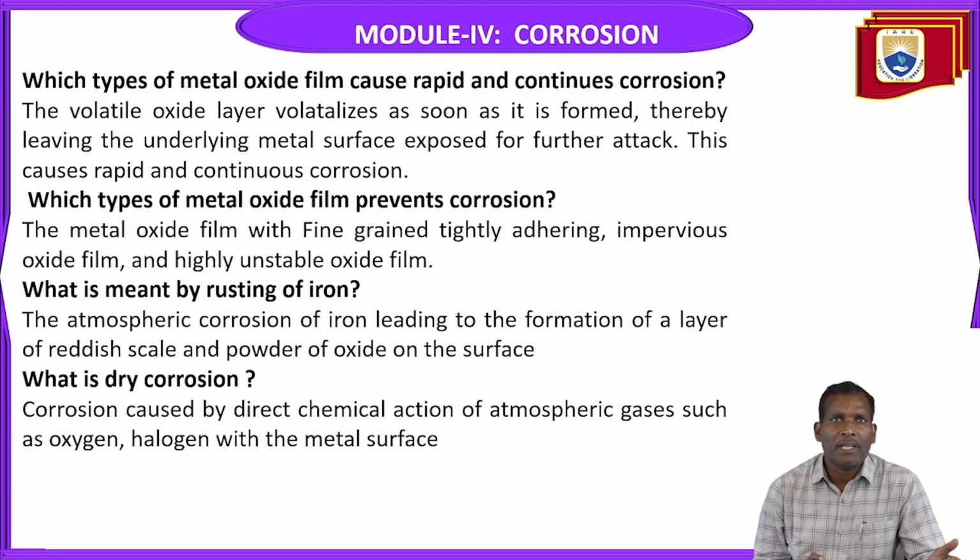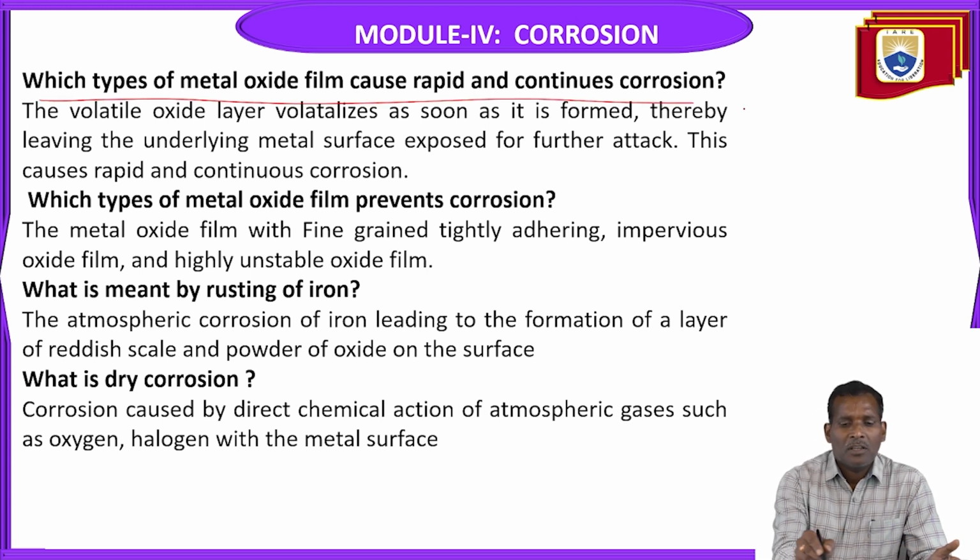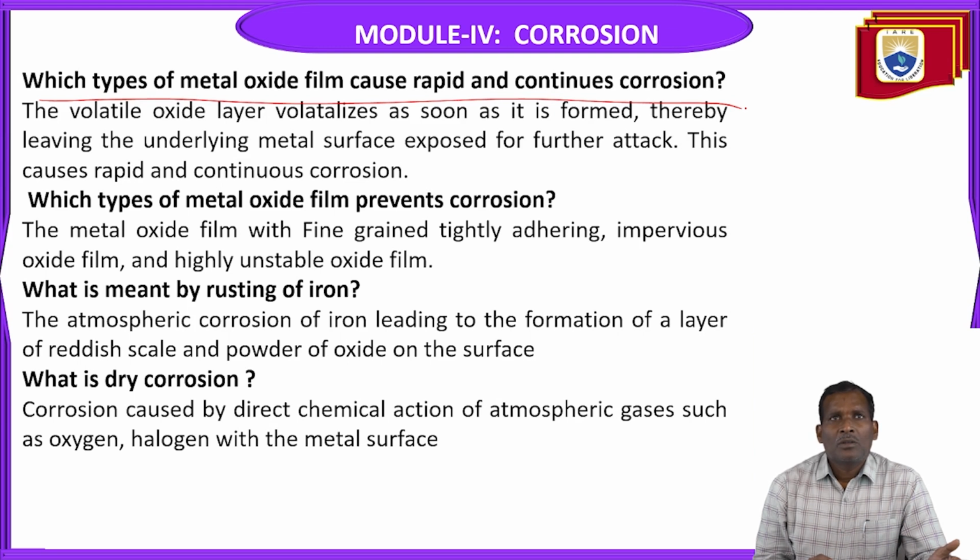Which types of metal oxide film cause rapid and continuous corrosion? The volatile oxide layer volatilizes as soon as it is formed, thereby leaving the underlying metal surface exposed for further attack.